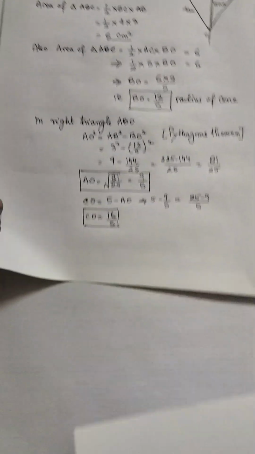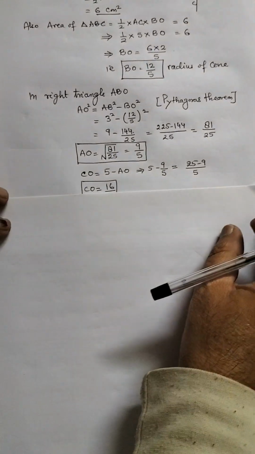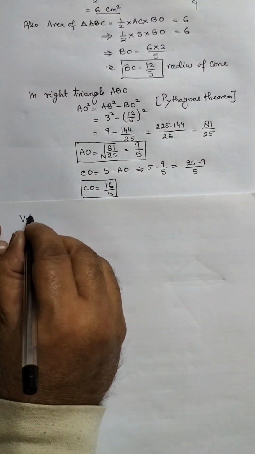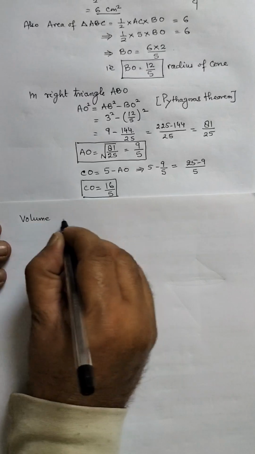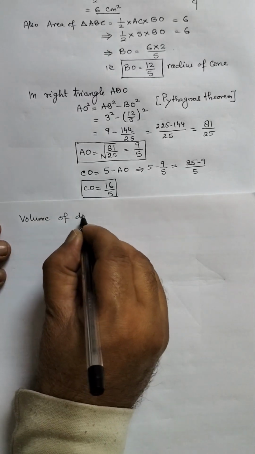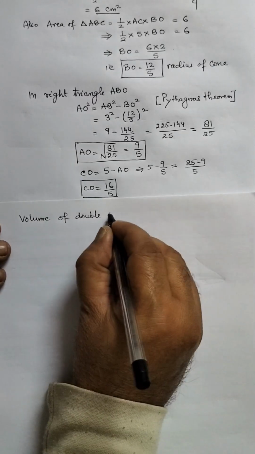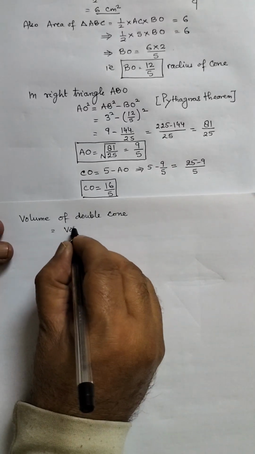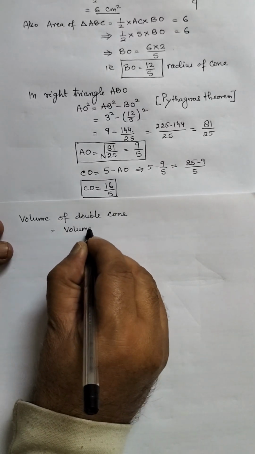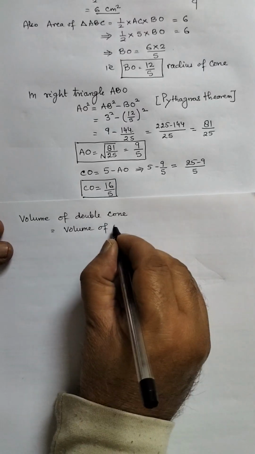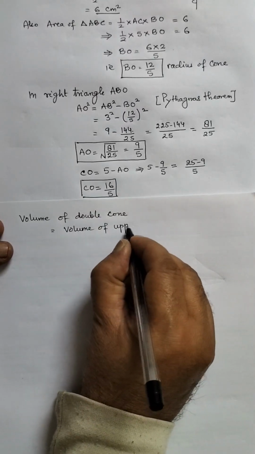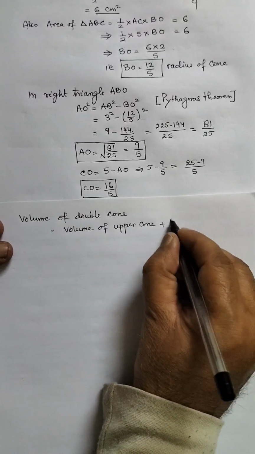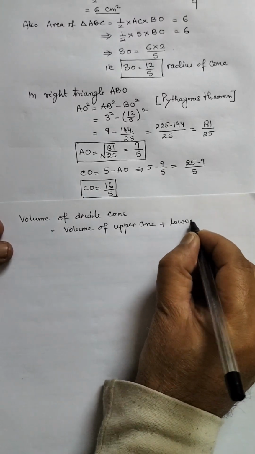Now we know volume of double cone is equal to volume of upper cone plus lower cone.